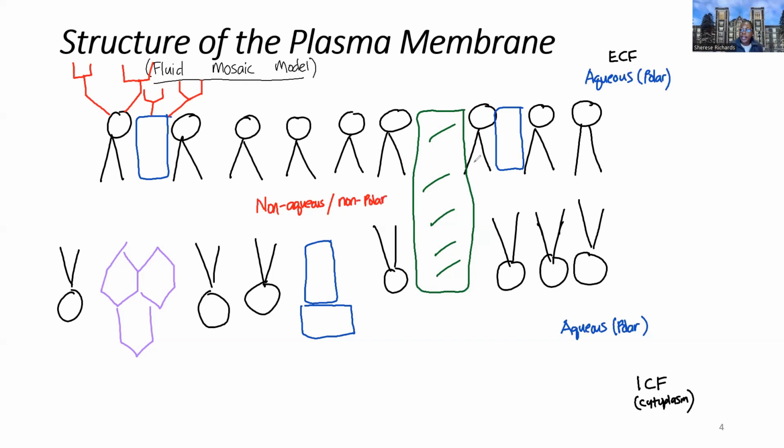And we discussed this already, the fact that polar molecules cannot exist in the center of the phospholipid bilayer, right? In order to pass through the membrane, it has to be a non-polar molecule to exist in this center, excuse me. So let's describe the phospholipids first, right? This is called the phospholipid bilayer.